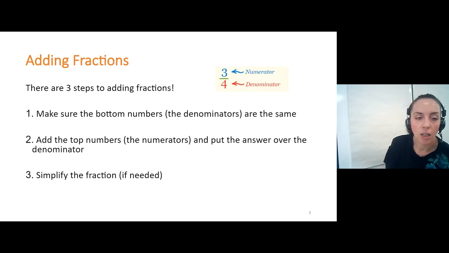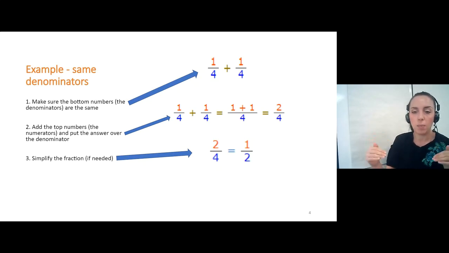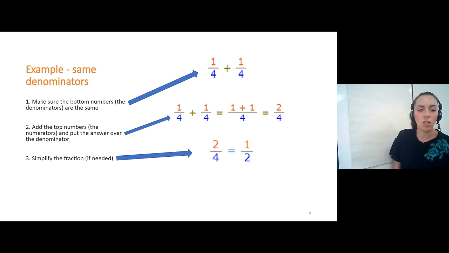Okay? So this is an example which I've broken down to begin with, fractions with the same denominator. When we say the same denominator, it means if we're adding 2 fractions together, both the denominators, the bottom numbers, are the same. So in this example, we've got 1/4 plus 1/4. Step 1 is on the left.